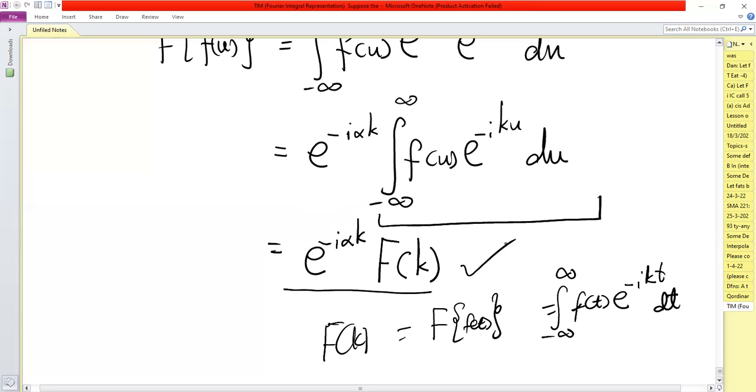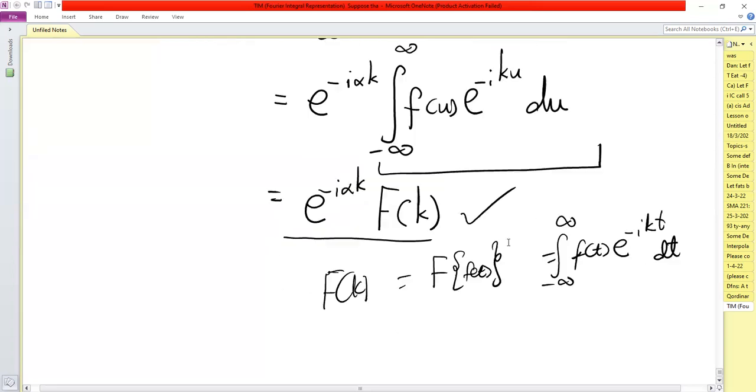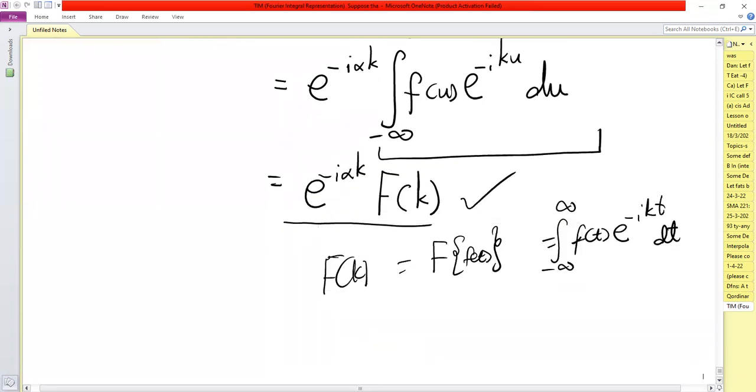Now let's quickly do an example to illustrate the application of this second shift theorem.